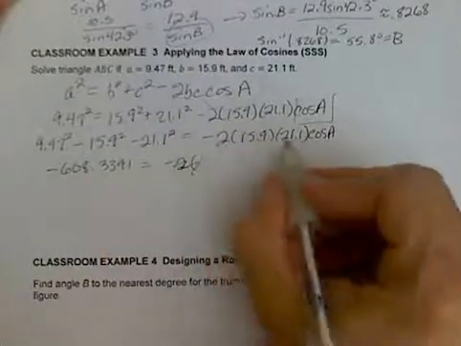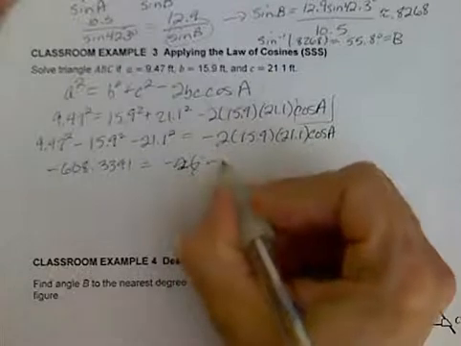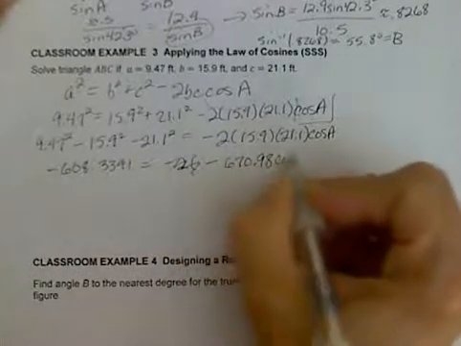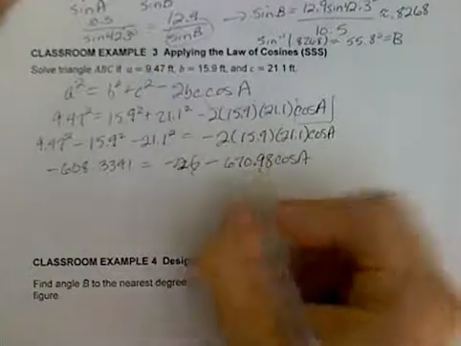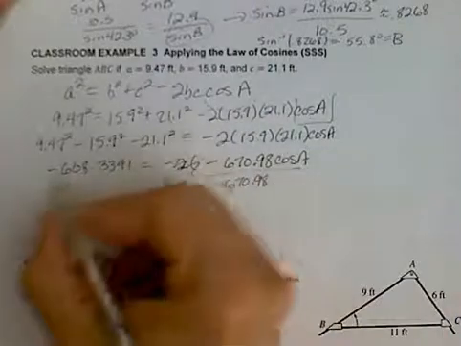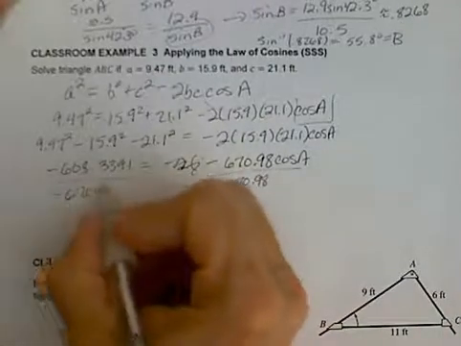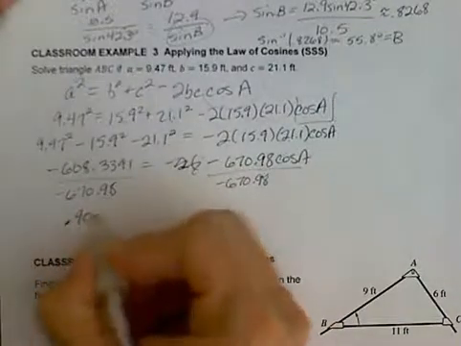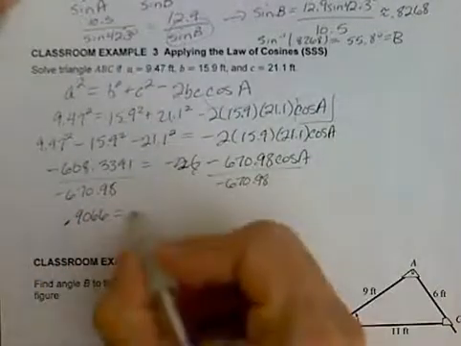And when I multiply these three values together over here, I get negative 670.98. Now I'm going to divide both sides by the negative 670.98. That's going to give me 0.9066, and that's going to equal cosine of A.